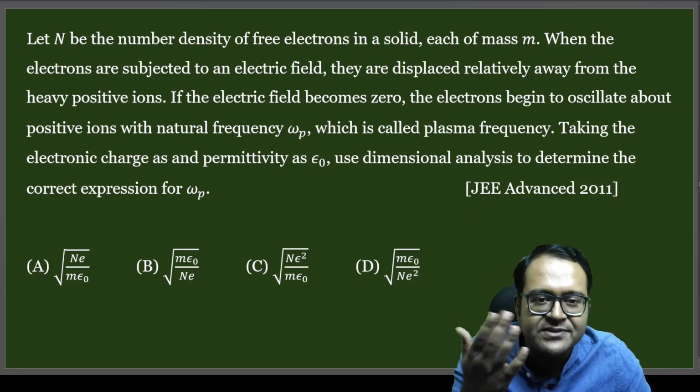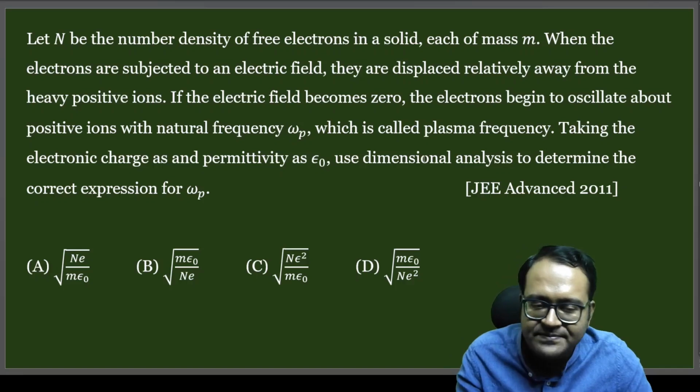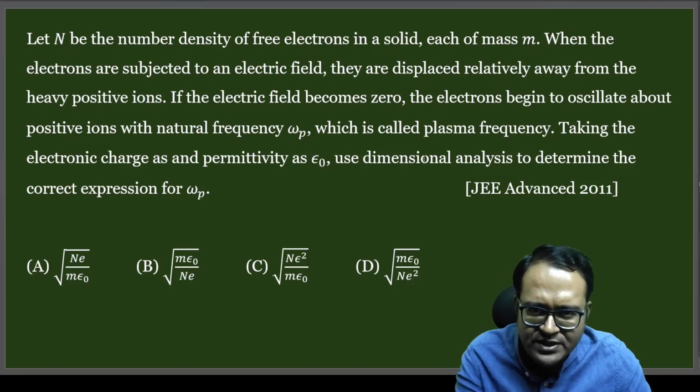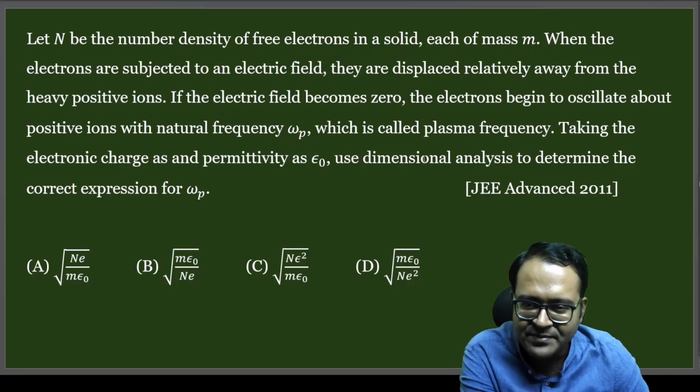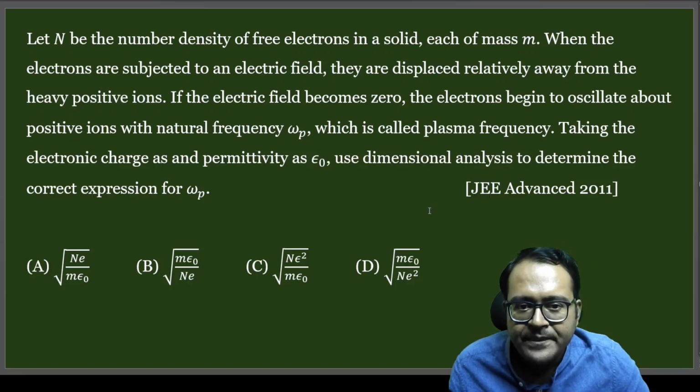Your thinking capacity will be increased. So after the electric field is removed, the electron begins to oscillate. That oscillation frequency is called plasma frequency. You don't need to know anything else about it. Just read the statement. What it asks is to find the correct expression for omega p.